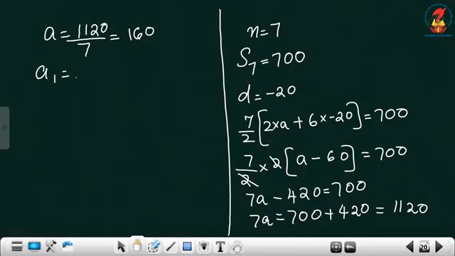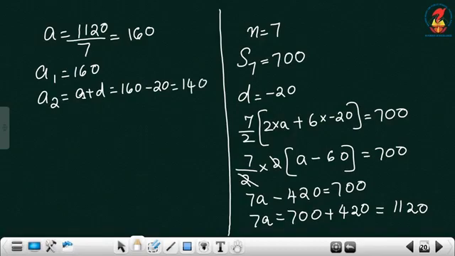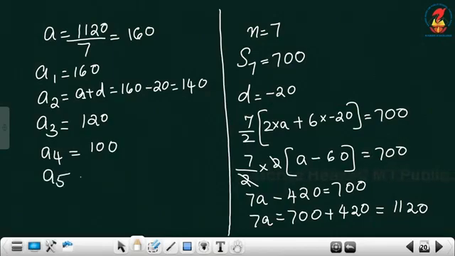That means a1 is equal to 160. a2 is equal to a plus d, which is equal to 160 minus 20, so 140. a3 is equal to, again minus 20, it's 120. a4 is equal to 100. a5 is equal to 80. a6 is equal to 60. a7 is equal to 40.